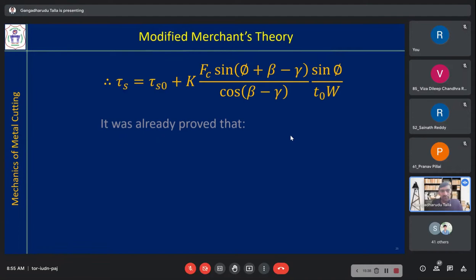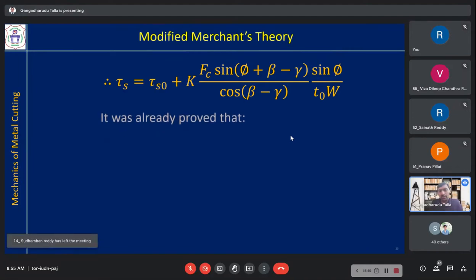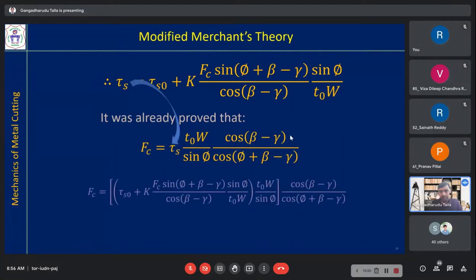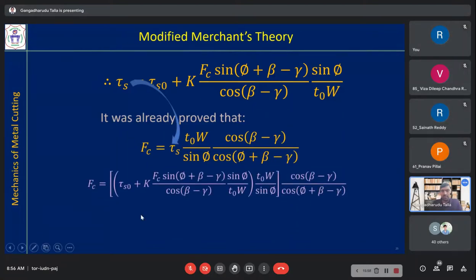So that is tau s. Now we have already proved that Fc is this. In the previous slide, the first equation was this only. Now you substitute tau s here. Now Fc will become like this.